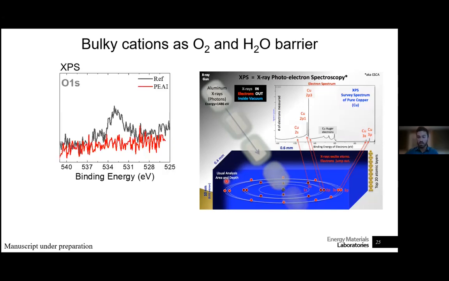If we look at oxygen, we see that in pristine films, we do have a peak for oxygen, but as soon as we use the bulky cations, this peak disappears. So these cations are preventing interactions of oxygen and moisture at the surface with these 3D perovskites.